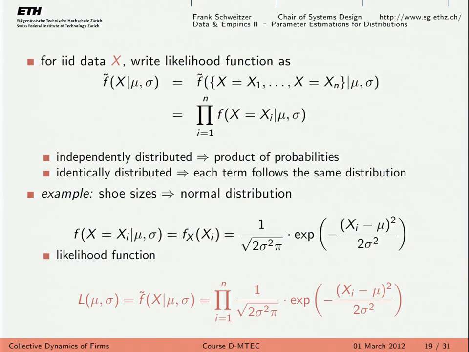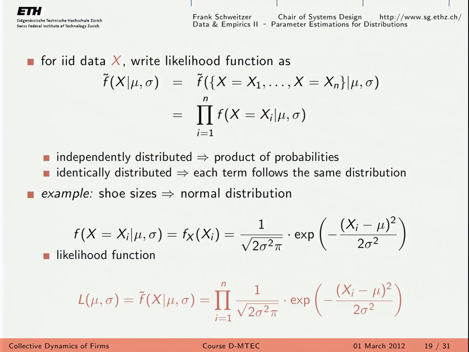So if these realizations of the variable x are independent of each other, what have you learned in probability theory about independent events, the probability of independent events? Does someone recall this? Yes, please. The joint probability is the product of individual probabilities. Right.